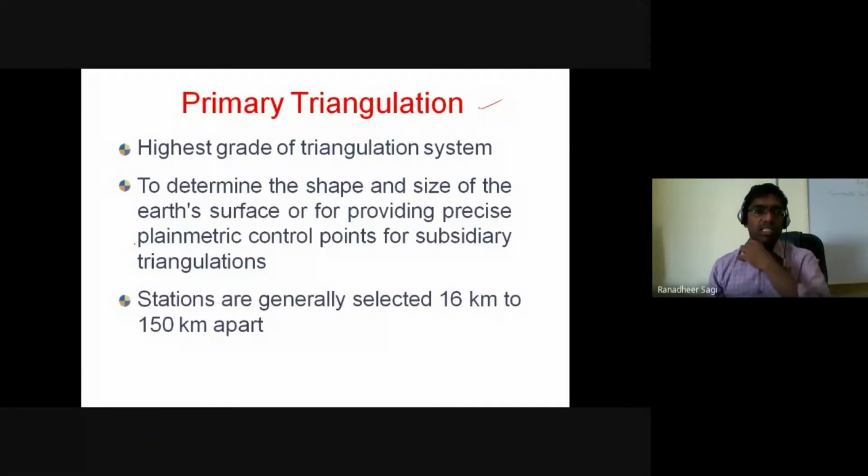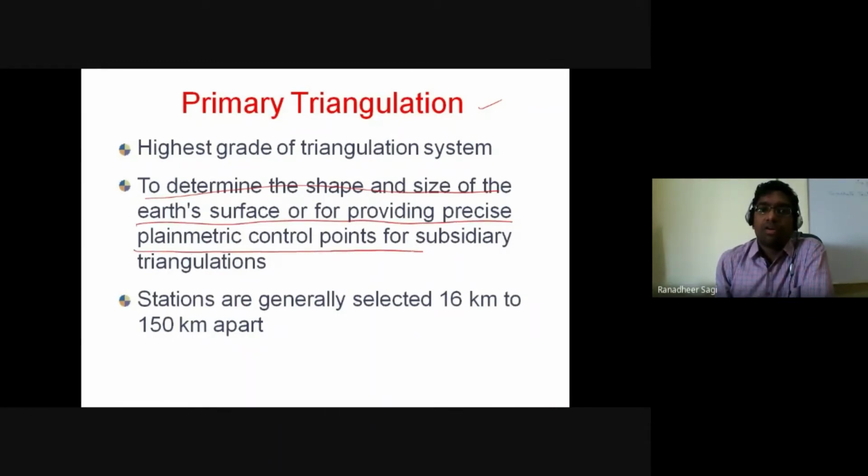In such a case, we adopt this primary triangulation network, for example to determine the shape and size of the Earth's surface, or for providing precise plane metric control points for subsidiary triangulations.